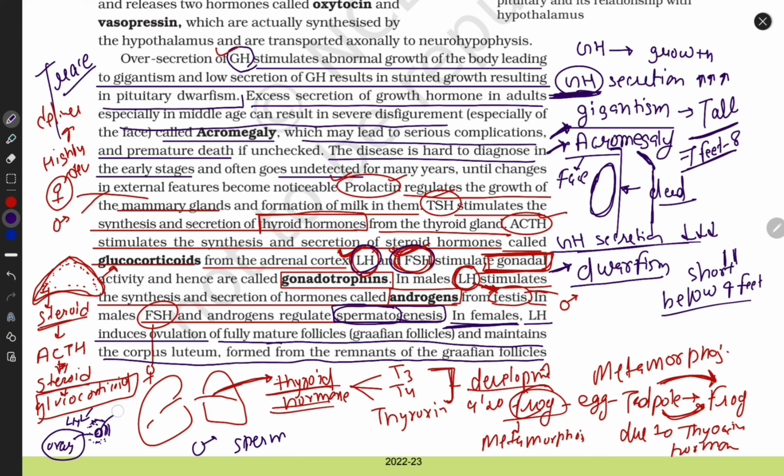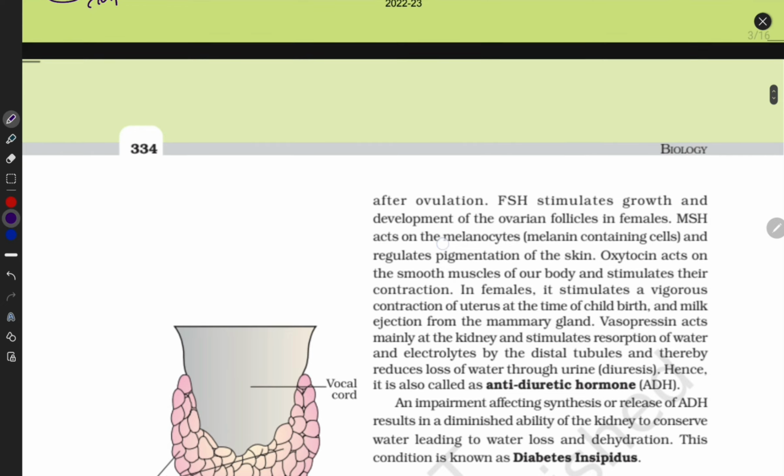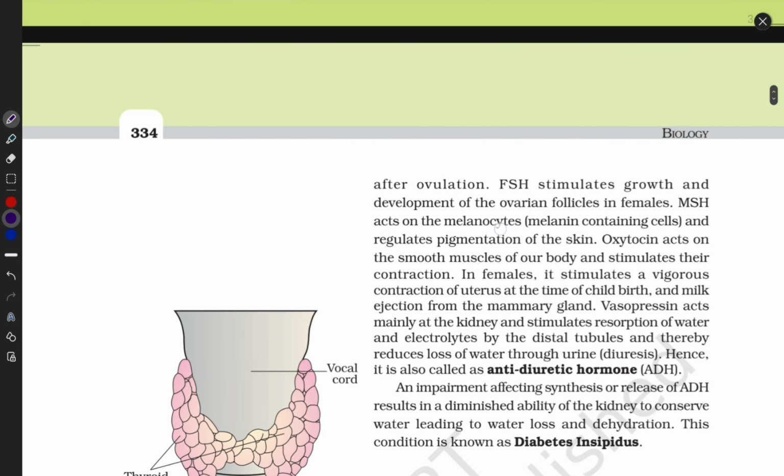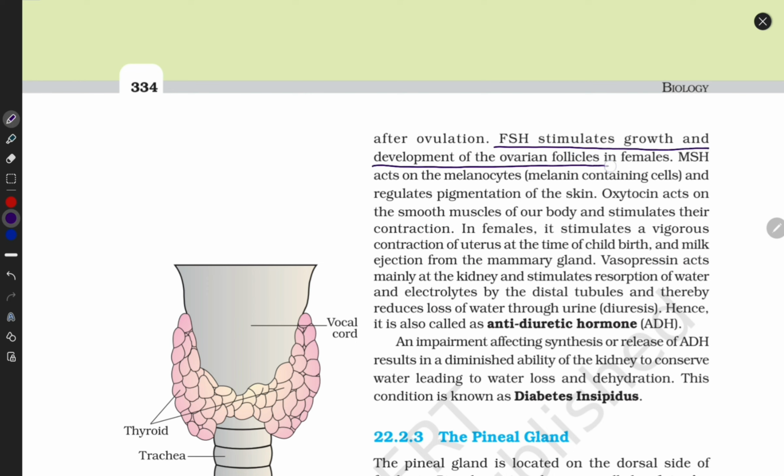Once the egg is removed, the remaining part is called the corpus luteum after ovulation. Now FSH stimulates growth and development of ovarian follicles in females.